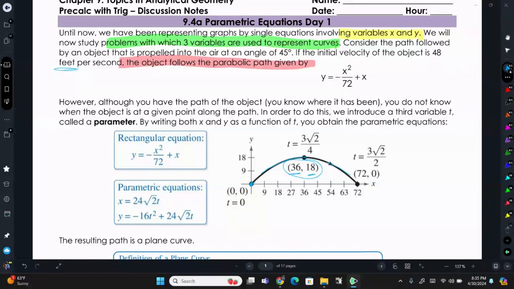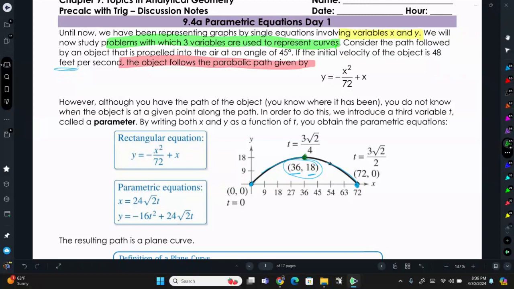And then it comes back down right here. So it traveled a total distance of 72 feet horizontally and reached a maximum height of 18 feet vertically. But we don't know when this happened. Did it take 5 seconds to reach the vertex? Was the object only in the air for 10 seconds? 7 seconds? We don't know.